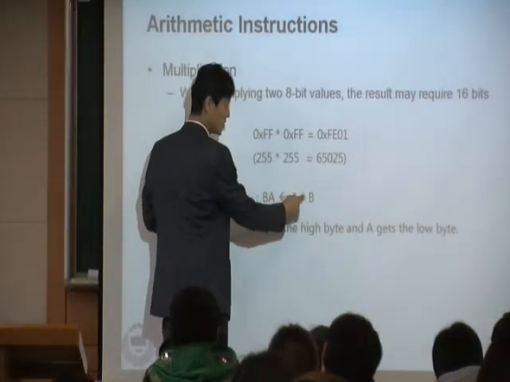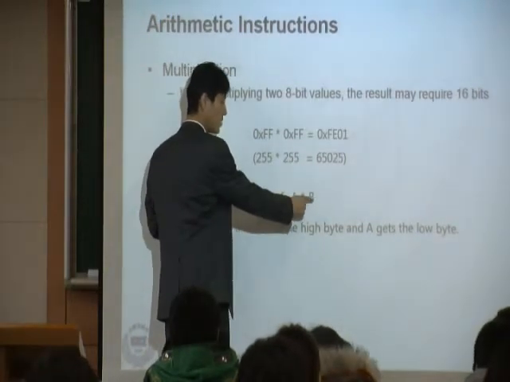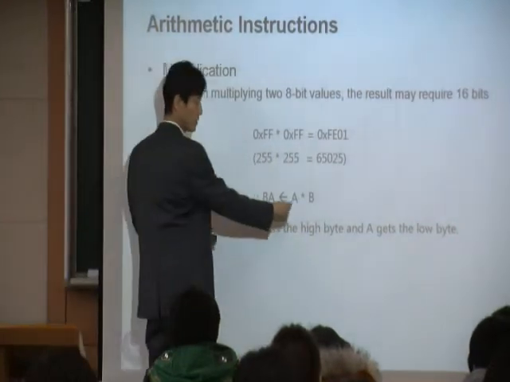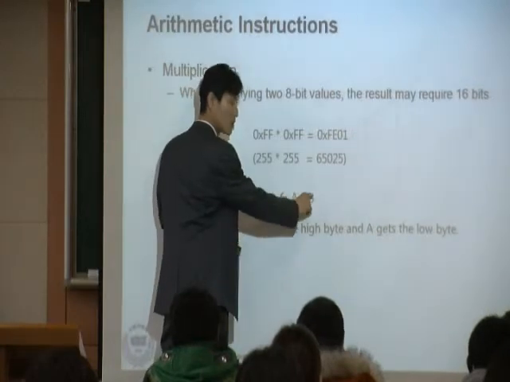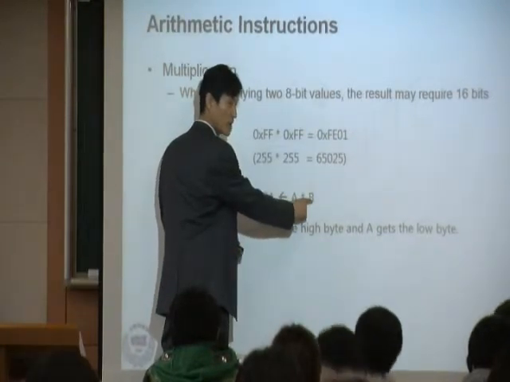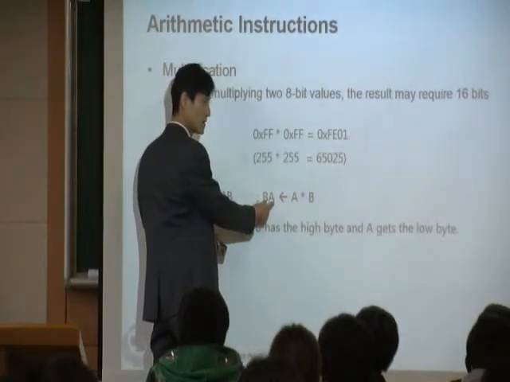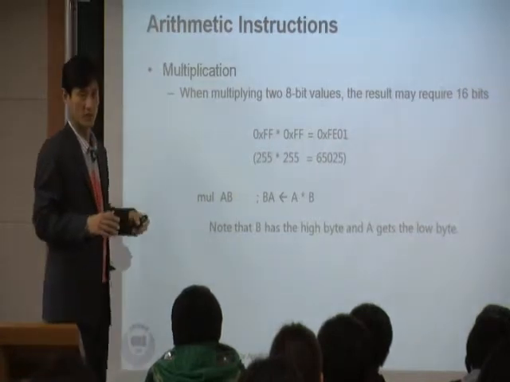You multiply these two, the value goes this way. So in this case, the values A and B are now updated, right? Originally, you have a value A and B. For example, you want to do 2 times 3. So you have a 2, 3, right? But both values are now updated by the result. Result goes back to B and A, both of them.